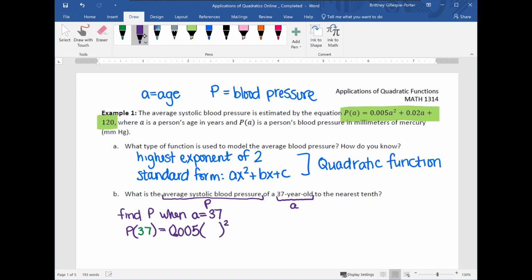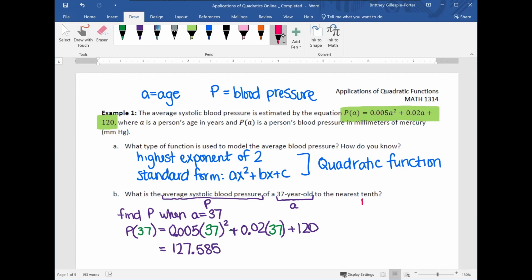So instead of 0.005 A squared, we're going to have 0.005 times 37 squared plus 0.02 times 37 plus 120. You can put this into your calculator exactly from there. You should get 127.585. And they're asking us to round to the nearest 10th.